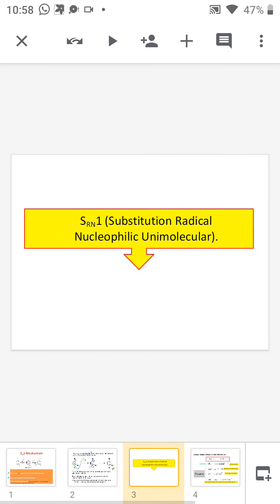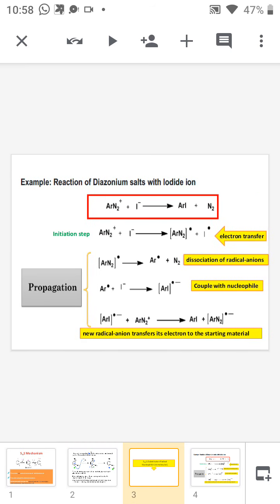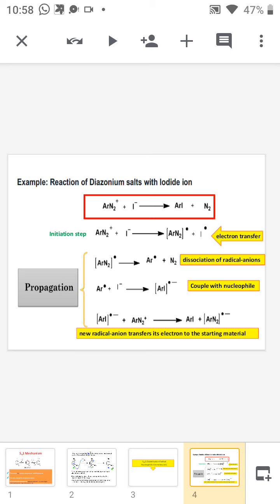Now we are moving on to another mechanism, SRN1, substitution radical nucleophilic unimolecular reaction. See the example. Most of these reactions are radical reactions.